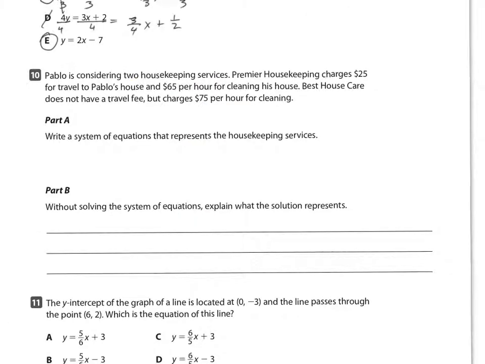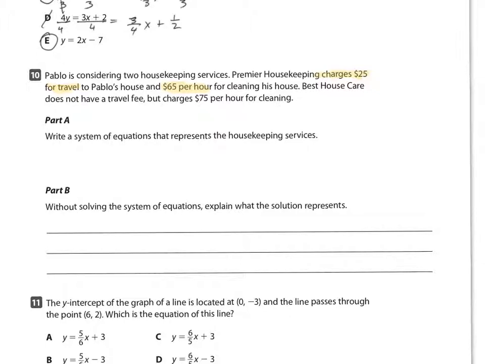Number 10 says Pablo is considering 2 housekeeping services. Premier Housekeeping charges a $25 fee for travel to Pablo's house and $65 per hour for cleaning his house. So the initial fee is going to be $25 just to get to his house, and then $65 per hour.